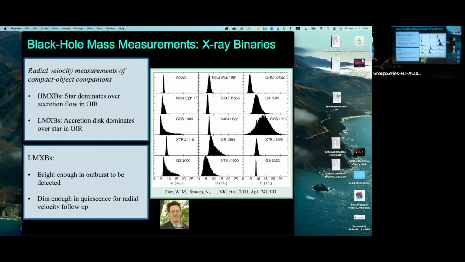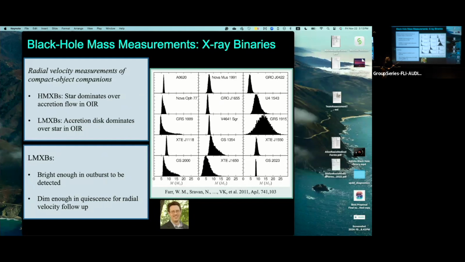So you have to discover the low mass X-ray binary in outburst, and then you have to wait for it to become quiescent again, undetectable in X-rays, undetectable in disk emission. Then you find the companion, then you go about your dynamical measurements, okay?